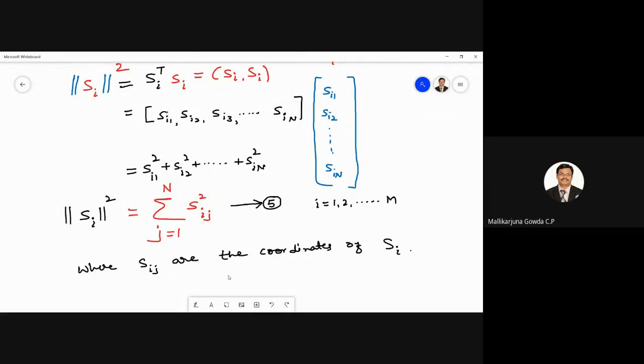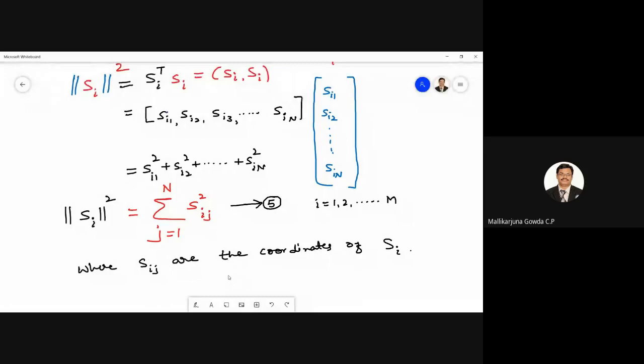I wrote that in the simple summation form, summation j is 1 to n of S square ij, where the value of i can vary from 1 to m and the value of j can vary from 1 to n. These Sij are the coordinates of the signal vector Si.